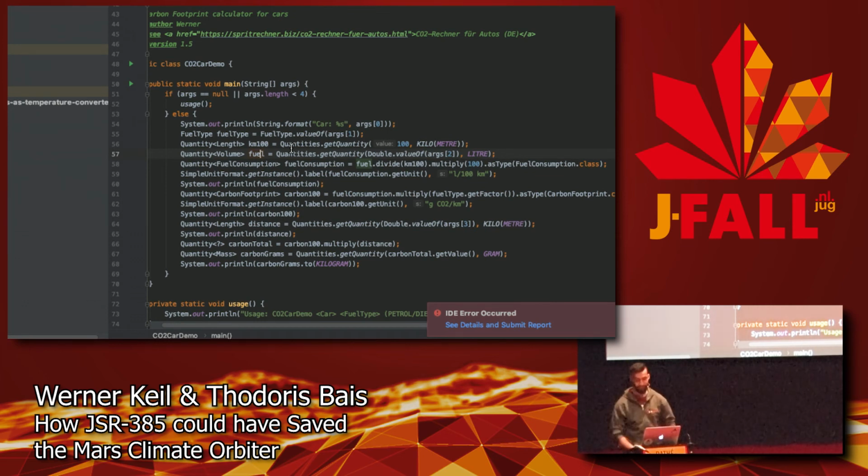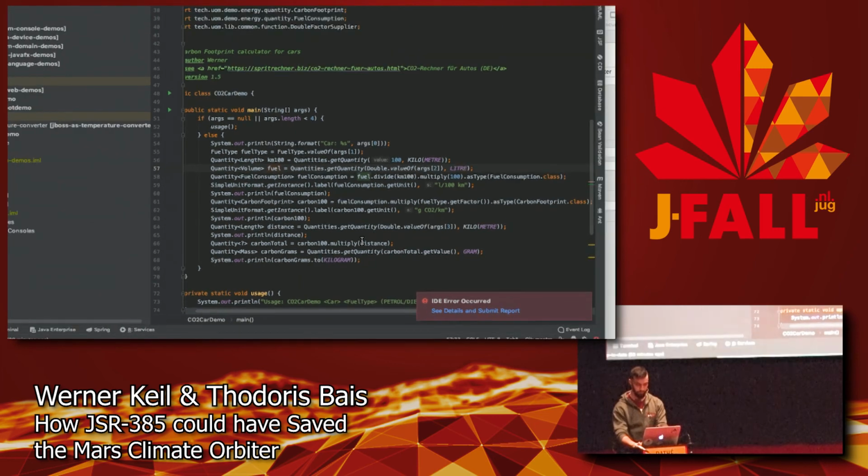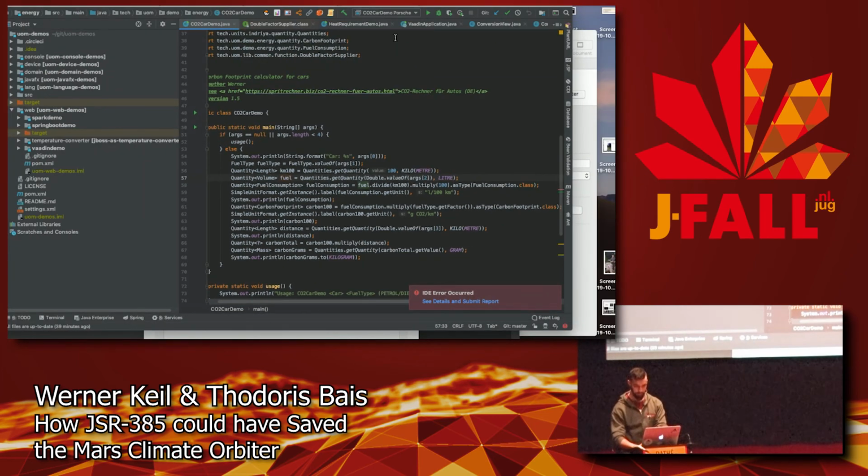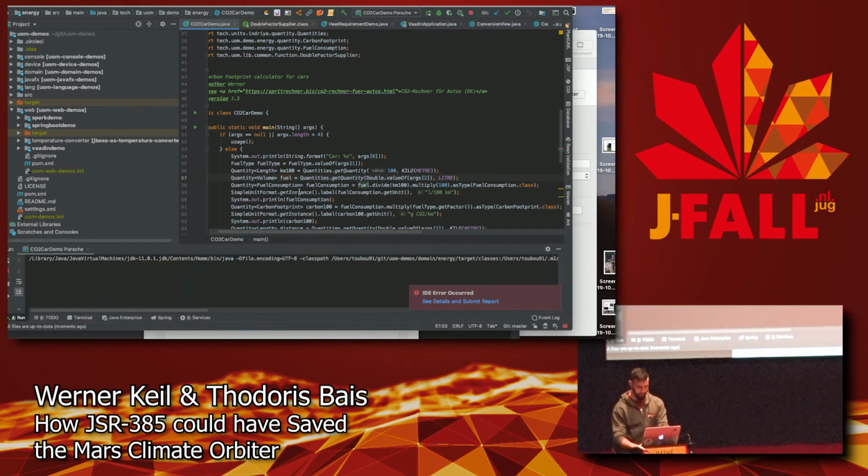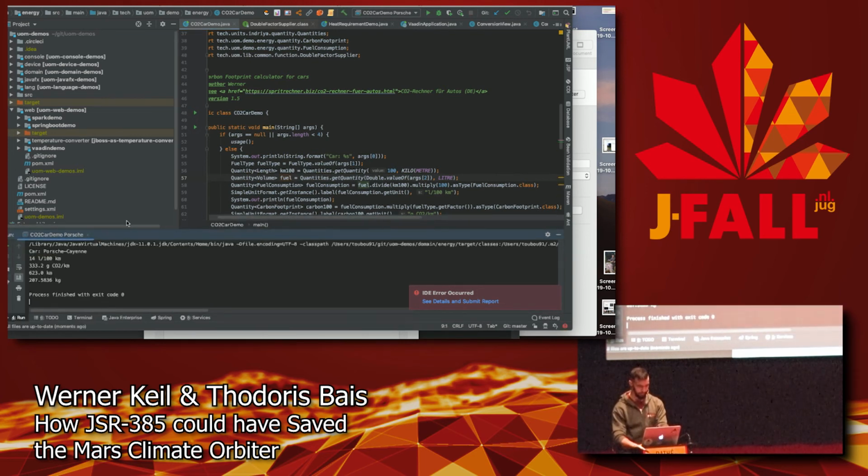It's basically how many kilograms or tons of carbon dioxide are produced when you travel a particular distance, depending on the vehicle they use. So let me run that as well. Let's run that for the Porsche example. And what do we see here?